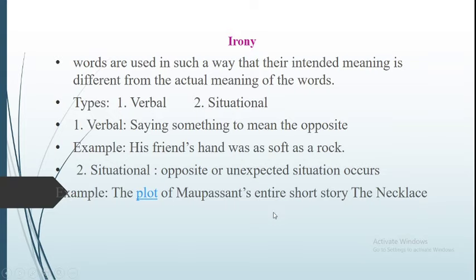I'm sure that you remember the plot of The Necklace, where a lady, Mathilda, borrows a necklace from her friend, and consequently she loses the necklace. She thought that the necklace was very expensive, but she cannot tell her friend, so she and her husband underwent a lot of miseries to manage money to buy a new necklace for her friend.